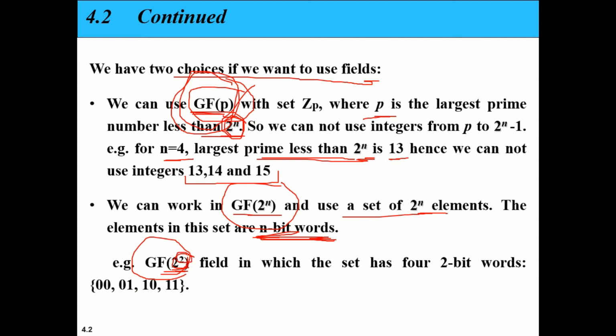So there will be 2-bit words, and how many will there be? There will be 4 2-bit words, and they are 00, 01, 10 and 11. This is how we create the elements, or n-bit words, for any given field.